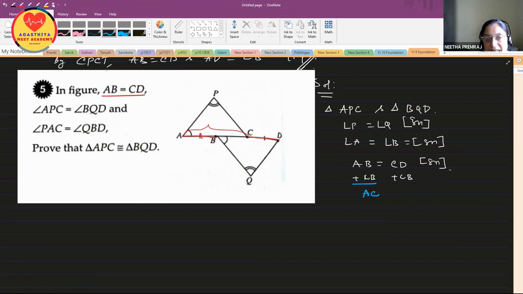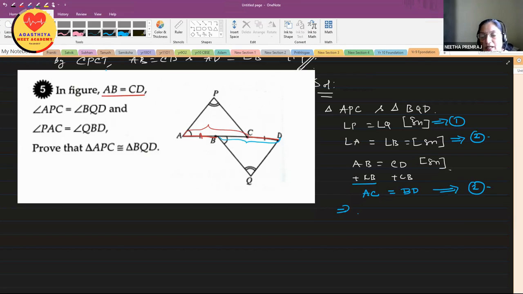Similarly, CD plus BC is DB. So which implies, by what criteria you could say these two are congruent? This is first step, 1. This is 2. This is 3.